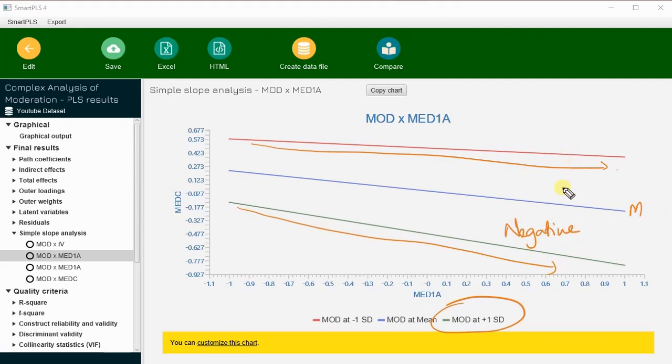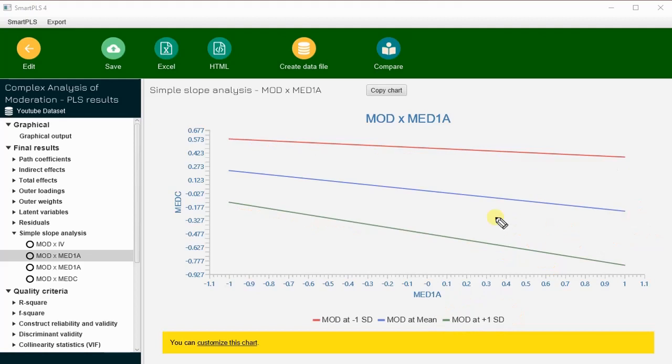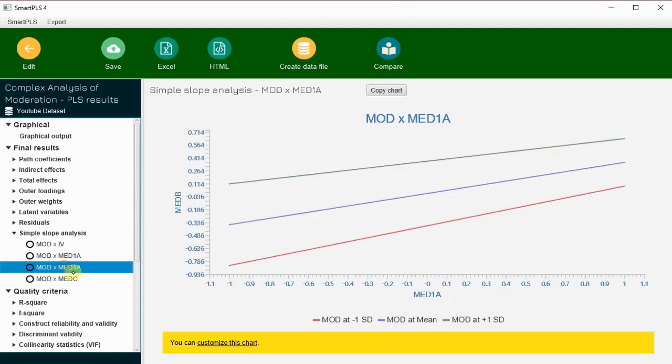So it is much clearer in this graph, the negative moderation effect between the two variables. Similarly, the next graph, moderation and mediator one, shows almost the same thing.